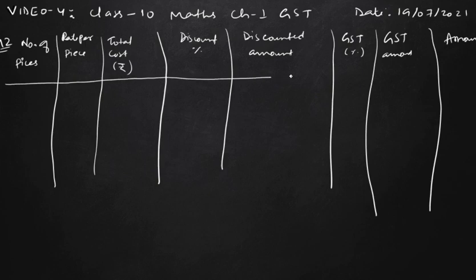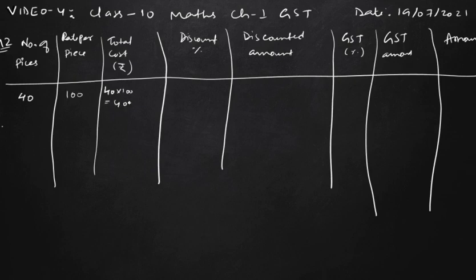So make the table properly in your copy using a scale. Okay, so in total we have 4 items. For the first item A, the number of pieces was 40 and the rate per piece was 100. So the total cost will be 40 into 100, which is 4000.